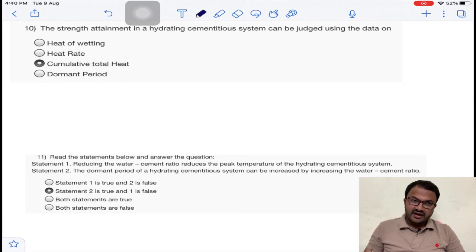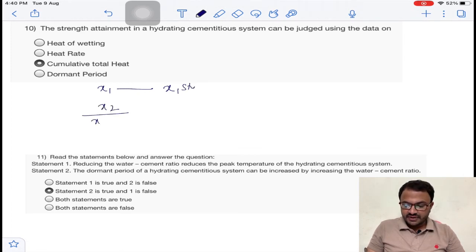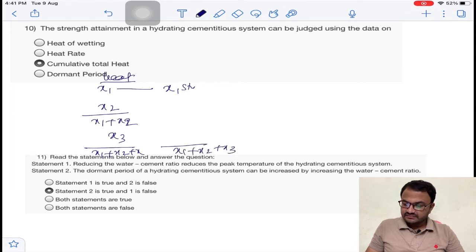For example, today the concreting was done, and today X1 is the heat liberated, that is, we got approximately X1 strength. Tomorrow X2 is generated, so the cumulative amount becomes X1 plus X2. Day after tomorrow X3 amount of heat, so the cumulative becomes X1 plus X2 plus X3. So finally strength will correspond to X1 plus X2 plus X3.